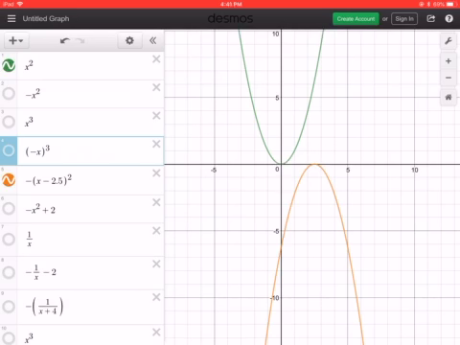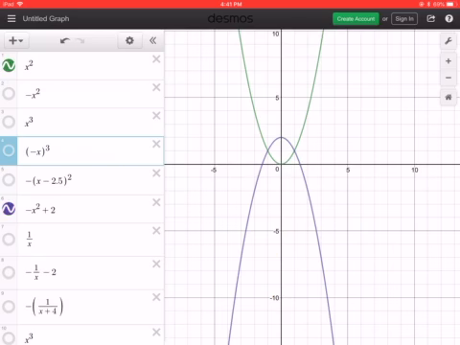Okay, if I look at number 6, I have a negative out front of just my x squared, but then I'm going to move it up 2. So I'm going to move my parabola up 2 units, and then I'm going to reflect it across the y equals 2 line.